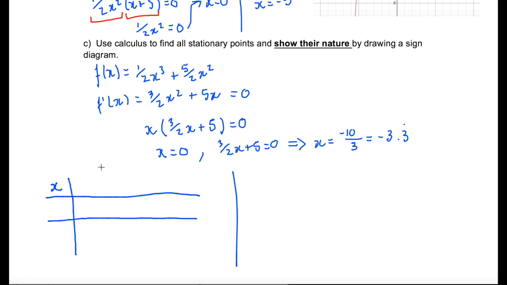The sign diagram looks like this. In here, we have our x value, and then we're going to say what's the sign of that, whether it's positive or negative, and that goes in this row. Then slope is just going to give us a picture of what that looks like.